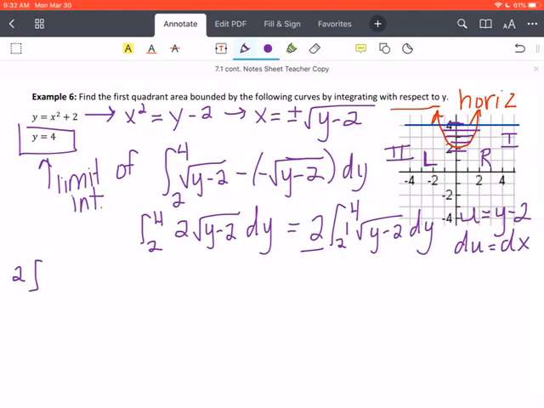So I have 2 times, instead of the square root, I can write u to the 1/2 du. So when I integrate, I get 2 times 1/2 plus 1 is 3/2, so 2/3 u to the 3/2.